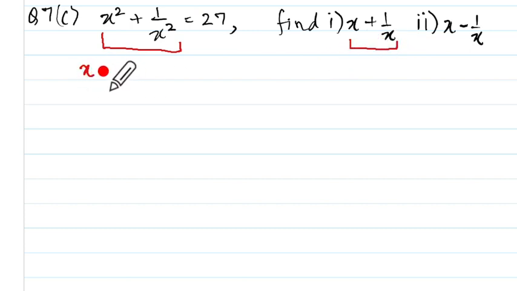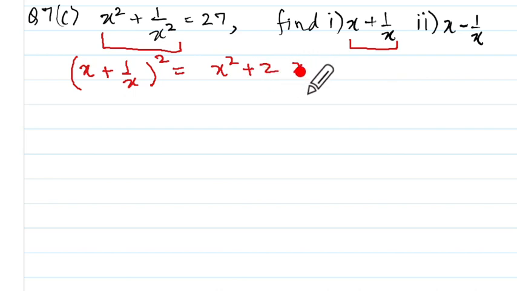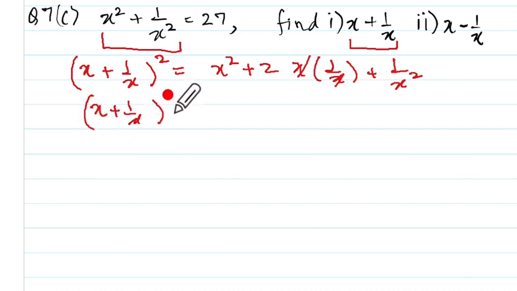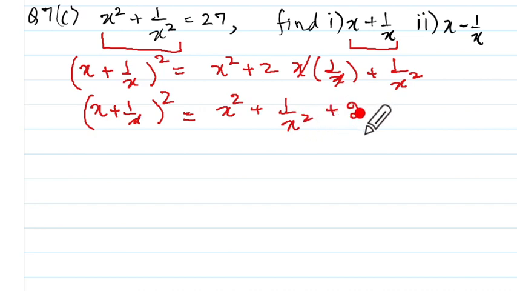So if we take x plus 1 upon x, and if we square it, won't we get x squared plus 2x into 1 upon x plus 1 upon x squared? This gets cancelled, and you will have x plus 1 upon x whole squared will be equal to x squared plus 1 upon x squared plus 2.